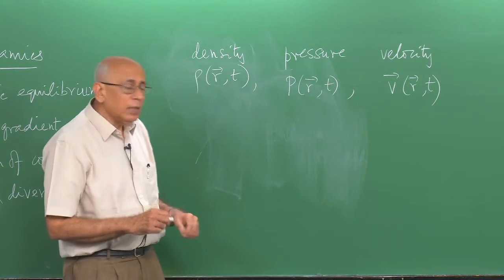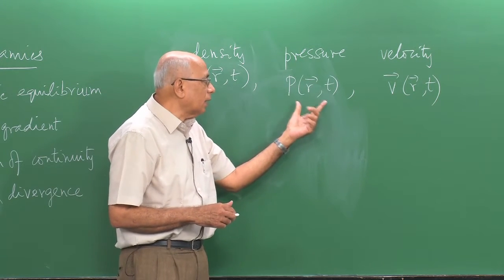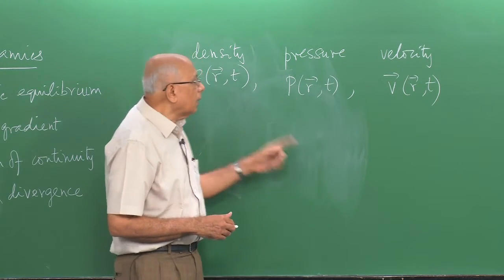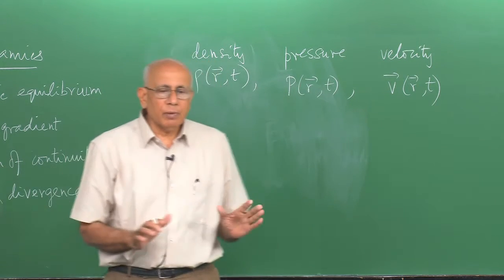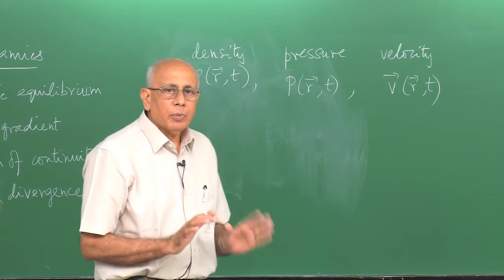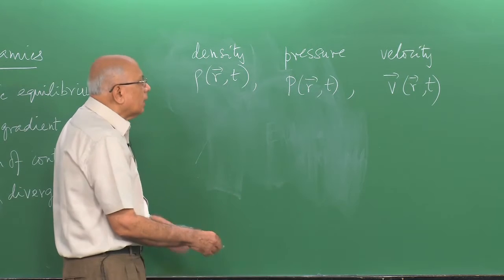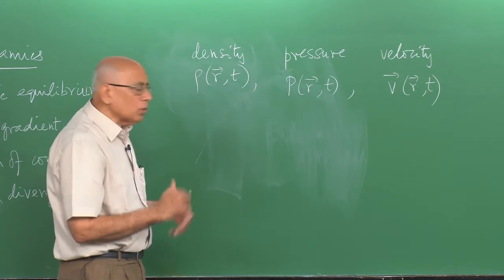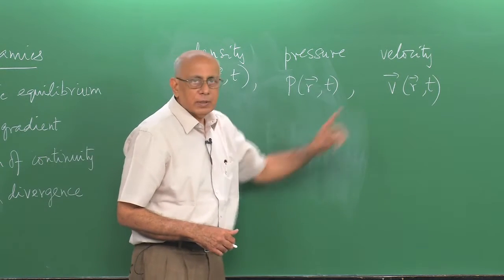In fact, in general one is told what the pressure gradient is or what the pressure is. If you are given this field, then the task is to determine this and that. So that is the general problem of fluid dynamics in the Euler approach, namely given the external forces on the fluid, the pressure of the fluid, the pressure heads and so on, determine the local density and the local velocity.